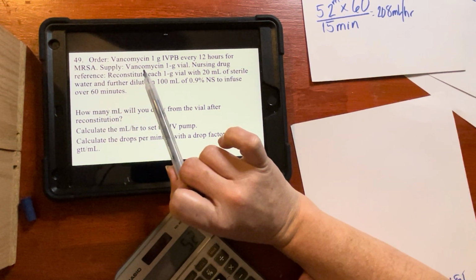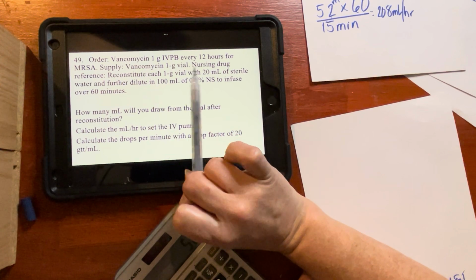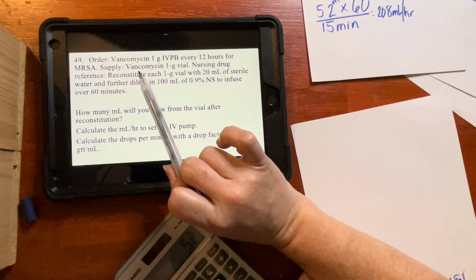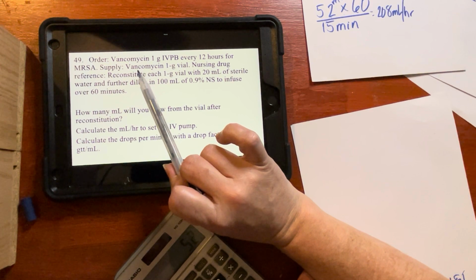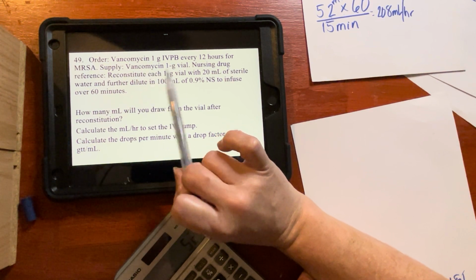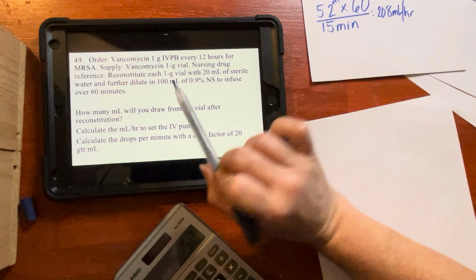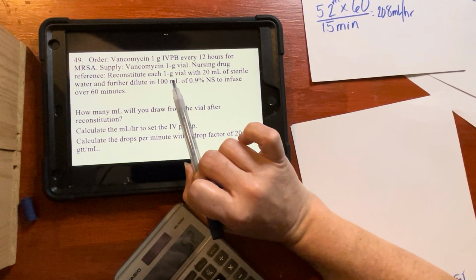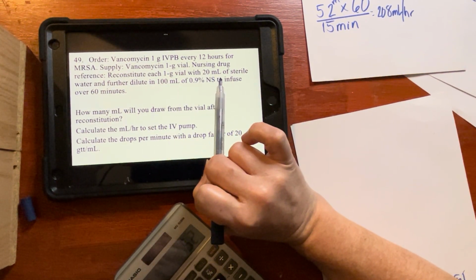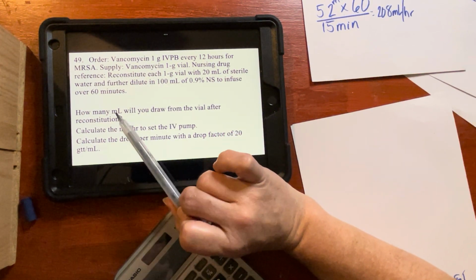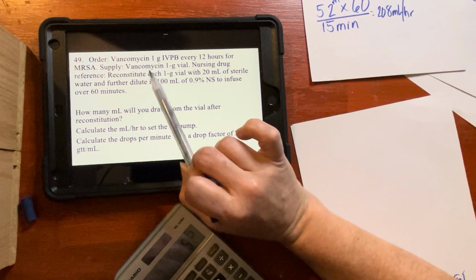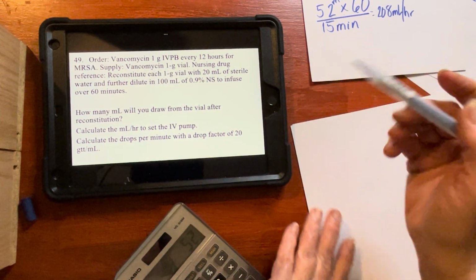So the vancomycin comes to you in a powder. And then we got to add 20 milliliters just to get it in a form that we can give it. And then once you put the fluid in, that is a 1 gram vial per 20 milliliters. And what he wants is 1 gram. So isn't that sweet? So let's just work it because we can.